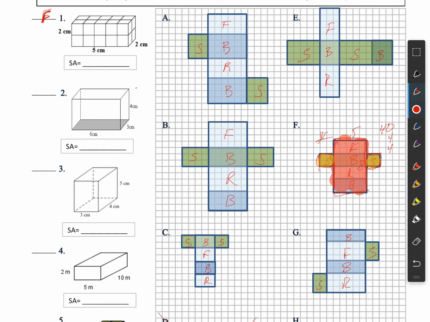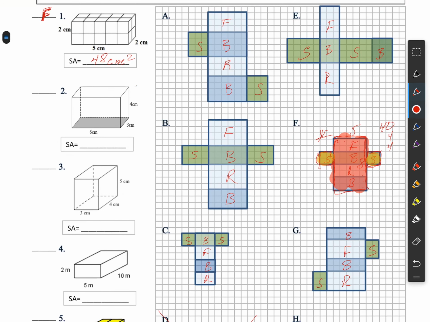So the total surface area, when I combine all those areas, or the area of the now totally shaded region, is going to be 48 centimeters squared. So that's the way that we're going to calculate the surface area for each of these. Okay? For number 2, I'm looking for a base of 6 by 3.